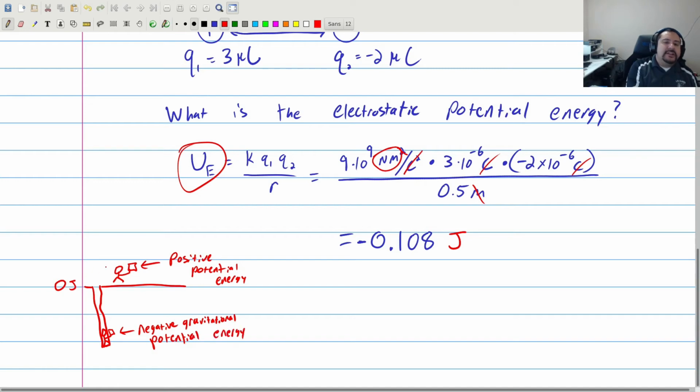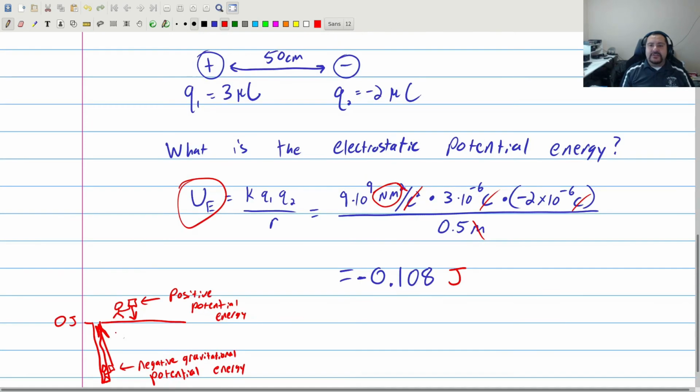And all this means is if you have positive potential energy, if you let it go, it will return to zero. If you have negative potential energy, it won't return to zero on its own. Instead, you have to do work to get it back up to the zero potential energy level. You're going to have to lift this box back up, climb with it, carry it up to the zero level in order for it to have zero potential energy again.